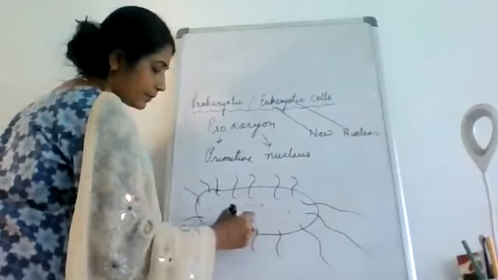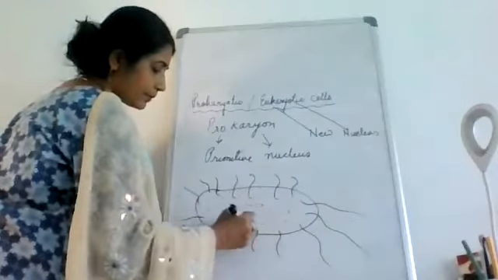This is the cell membrane or plasma membrane. This one is the cell wall, which is rigid, and this is the nucleoid, that is, it is not present within a well-defined boundary. No nuclear membrane is present there.